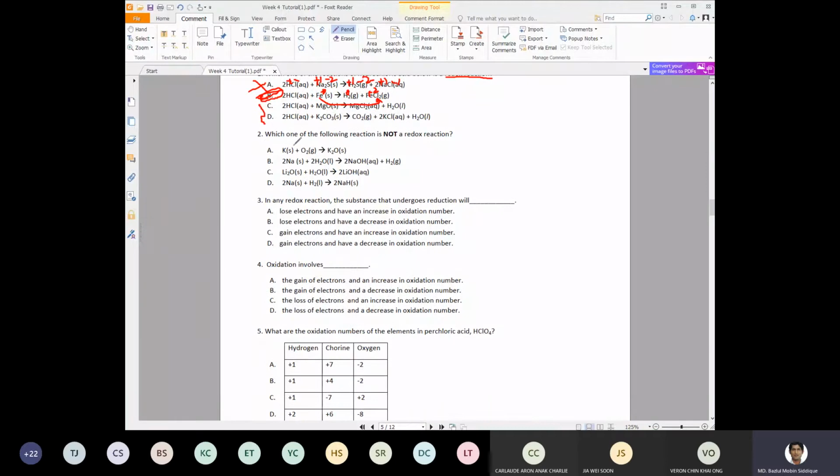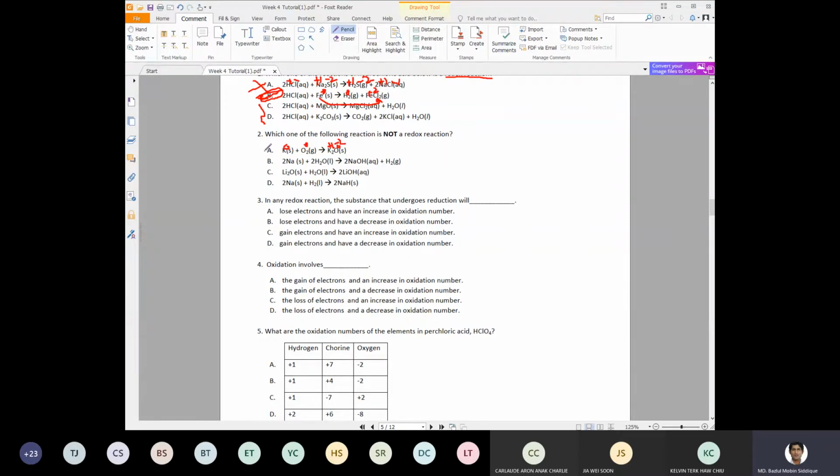Question number 2 is almost the same. Potassium was 0, and here it is positive 1. Potassium is always positive 1 because it is a group 1 element. Oxygen was 0 here as well, and it is negative 2 in the product.